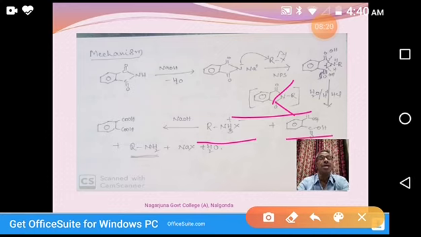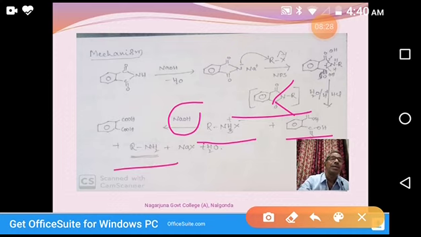This ammonium salt of the primary amine, on reaction with NaOH, loses one proton and X minus ion to give the primary amine, along with sodium halide and H2O. So this is the mechanism of this reaction.